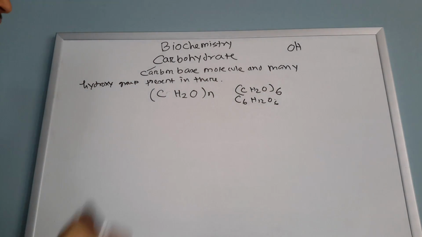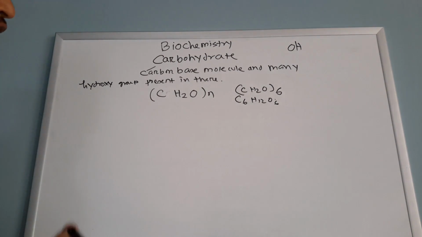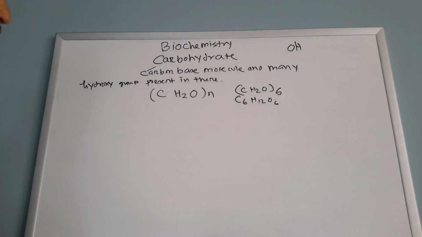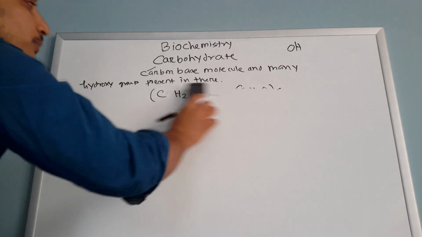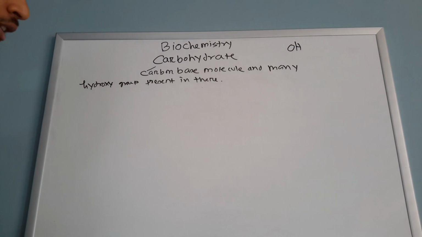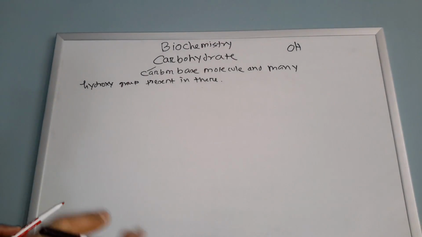Okay, so today's topic is more focused on what? Fisher projection of many simple sugars like glucose, mannose, galactose and fructose. So I'll explain how you can draw the Fisher projection of glucose and isomers. What are the different kinds of isomers?